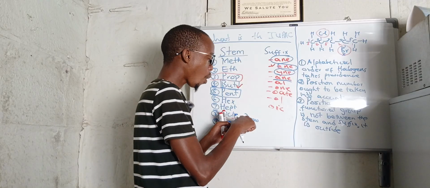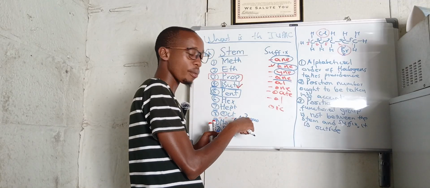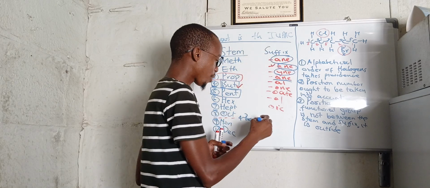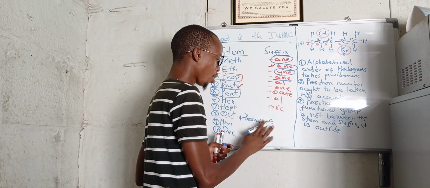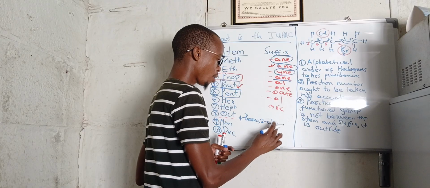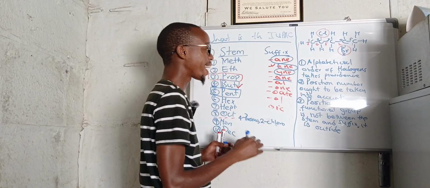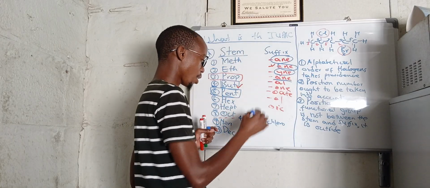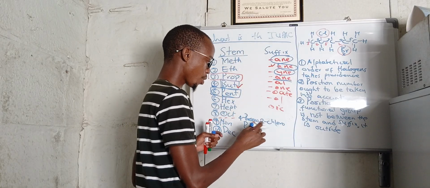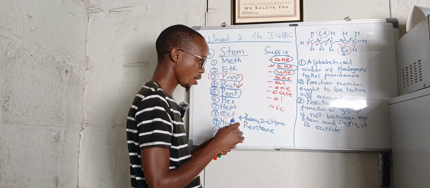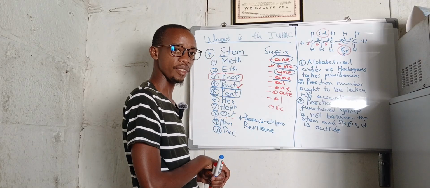We have 4 bromo, meaning position 4 we have a bromine, which is a bromo, and then also position 2 we have chloro, 2 chloro, and then we now write the name, which is pentane. I'll just squeeze it here, pentane. You see, that's basically how we give the name.